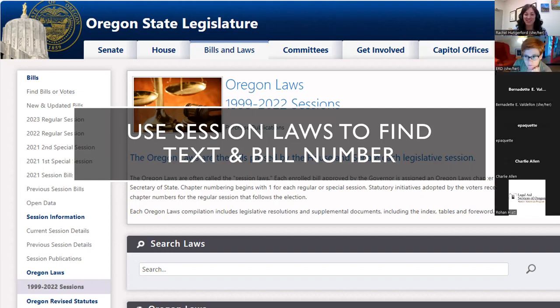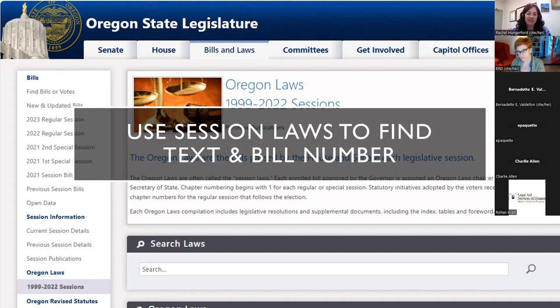For newer legislation, if you're in our practice area, you might be very familiar, for instance, that the right of redemption comes from House Bill 2001 from the 2023 session, and you can go right to that bill and get straight to it.